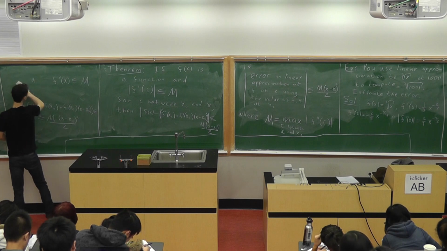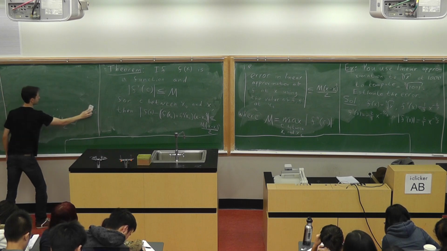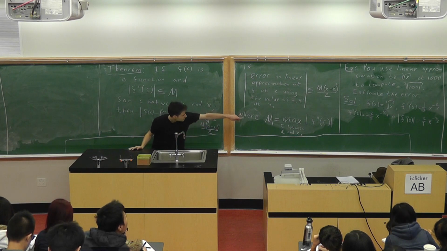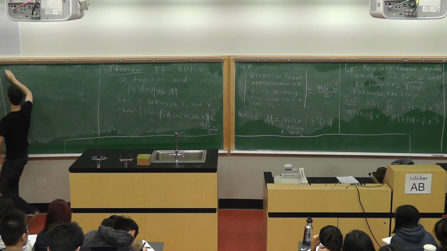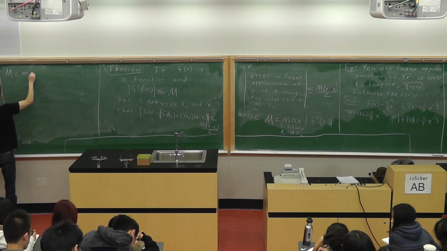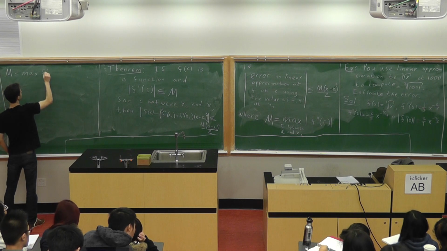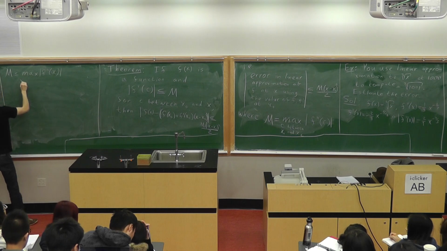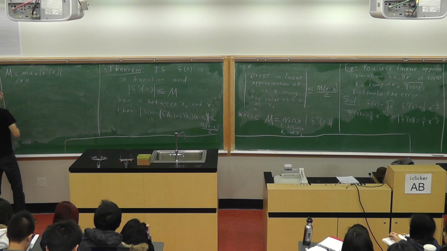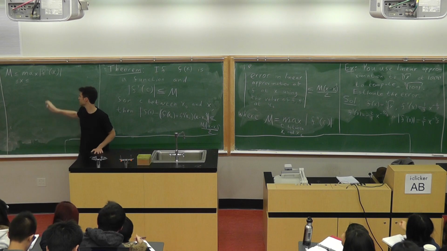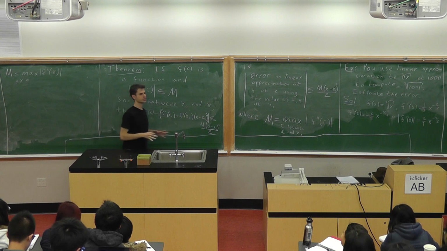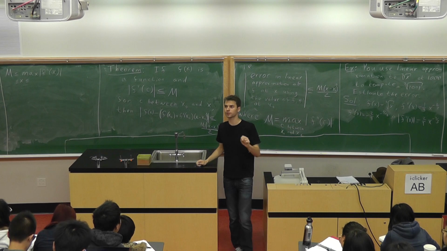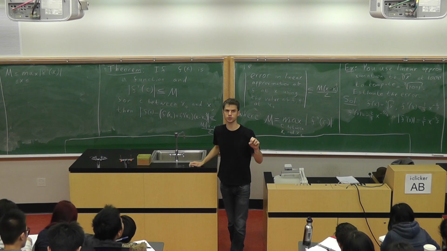Next part, I want to find how large my second derivative can get. So I know this expression. Now I want to find what is M. M is the maximum of the absolute value of the second derivative of x between what and what? I'm doing my approximation of the value of the function at 1001 using its value at 1000.